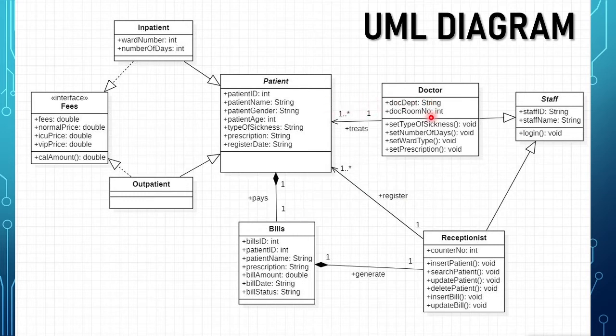Doctor has the responsibility to know which patients he treats, but patient has no corresponding ability to know which doctor treated the patient. The multiplicity between doctor and patient is that each doctor can treat one or many patients, but each patient can be treated by one and only one doctor.